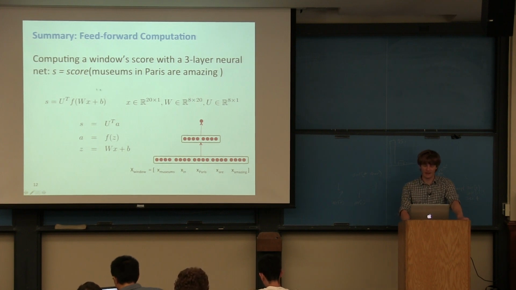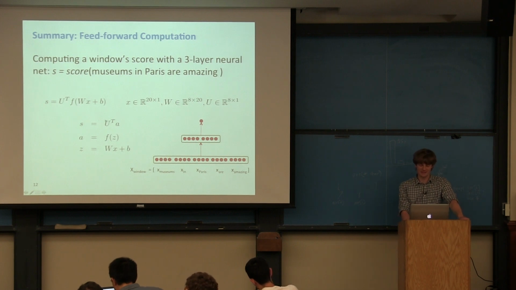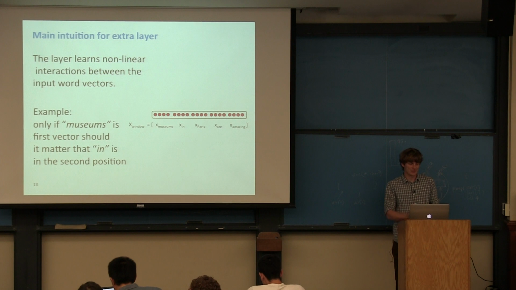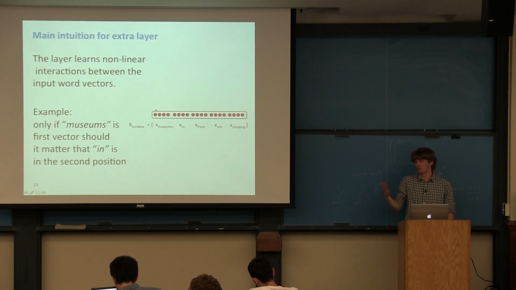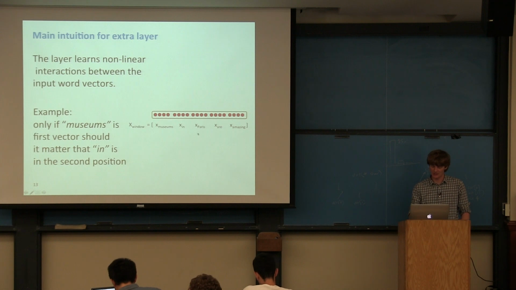And again, we can define the entire neural network either through its steps here or in one single equation. Those kinds of equations will get more complex as we have more and more hidden layers. So the main intuition of why we couldn't just have our softmax directly on top of the word vectors, the model we derived in all its gory details before, is this: it will probably give you reasonable performance, capturing specific words in one location.